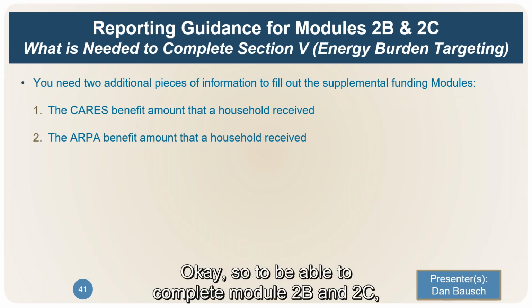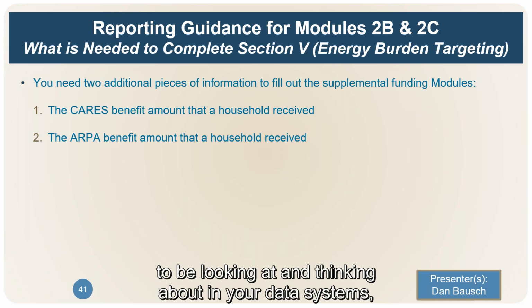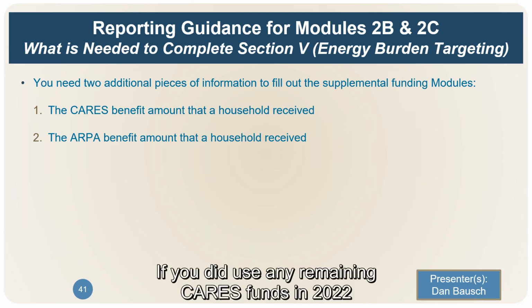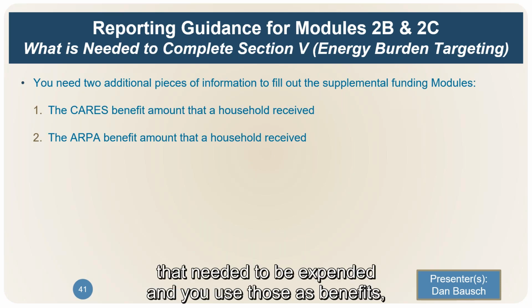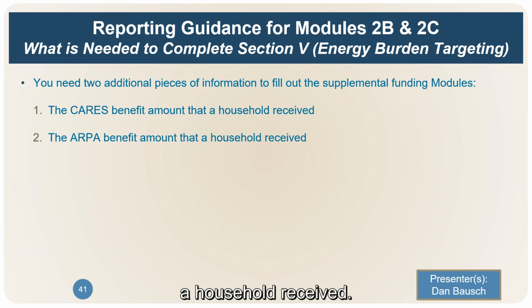Okay, so to be able to complete module 2B and 2C, there's 2 additional pieces of information you need to be looking at and thinking about in your data systems in this spreadsheet that we showed earlier of data items. If you did use any remaining CARES funds in 2022 that needed to be expended and you use those as benefits, you would need to know the CARES benefit amount a household received.